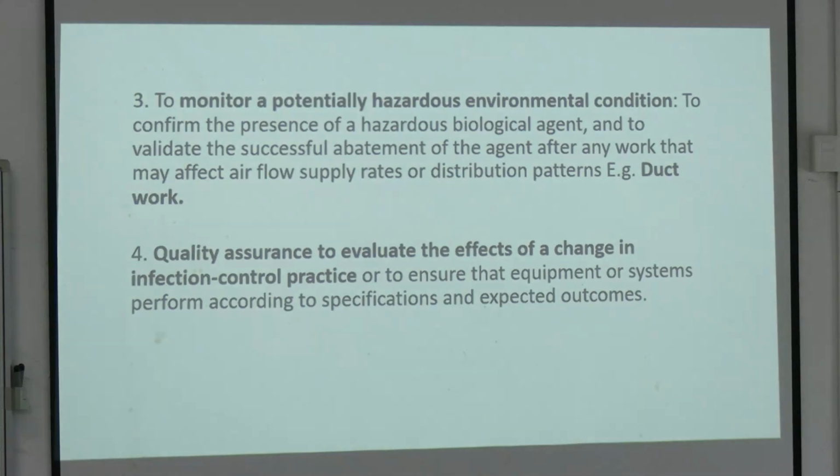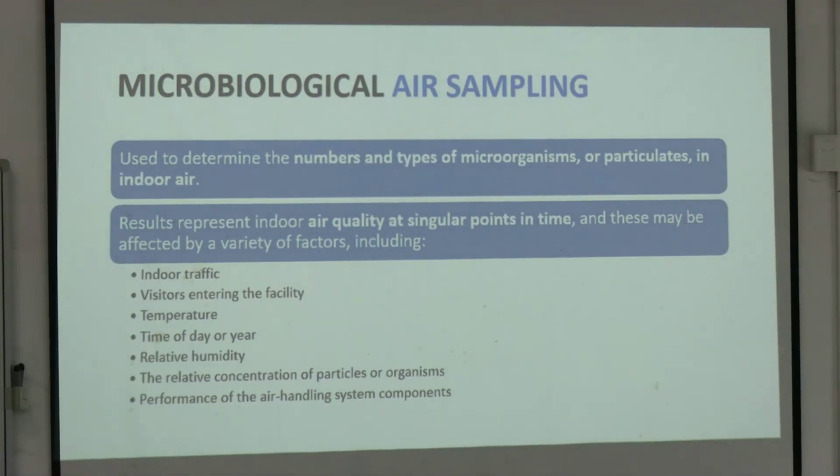For quality assurance, as I told, and if there is big construction work in your OT, if the OT is being renovated, or if there is construction in the ducting or the HVAC system, then surveillance culture has to be repeated, so that there is no remnant microorganism in the system.